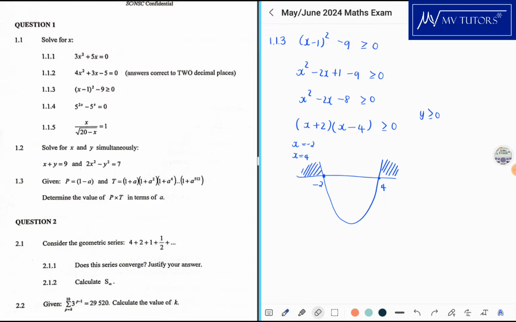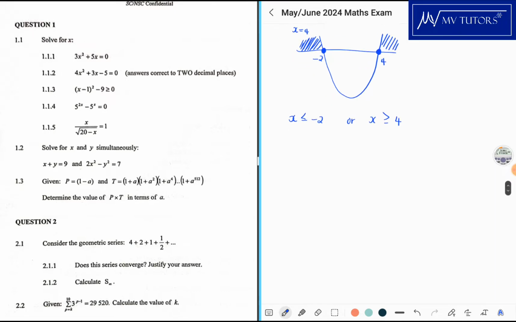So that's why we look above the x-axis. If it was smaller or equal to 0, we would have looked below the x-axis. And as such, our answer then will become, because x here is smaller and equal, we indicate the equal part with a solid dot. So x is smaller and equal to -2, or x is bigger and equal to 4.